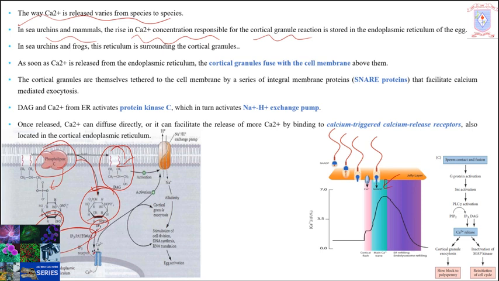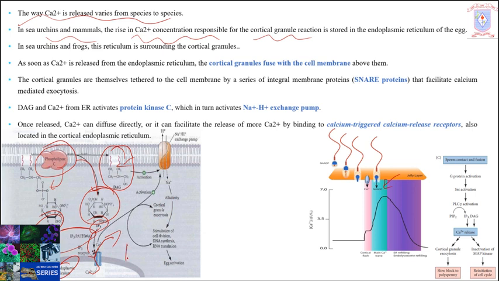IP3 binds to the receptor on the endoplasmic reticulum, which is also a calcium channel. So the calcium channel gets opened by IP3 binding, and calcium is released into the cytoplasm from the endoplasmic reticulum of the activated egg.